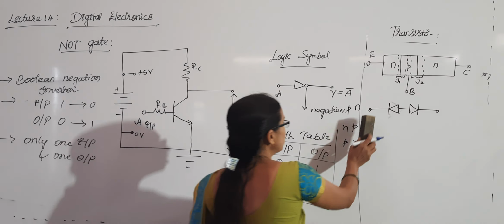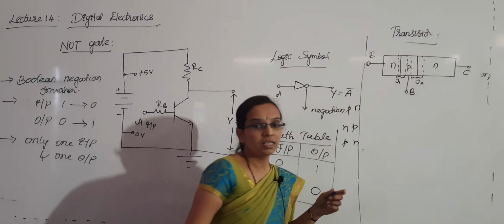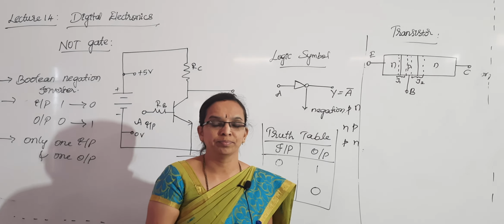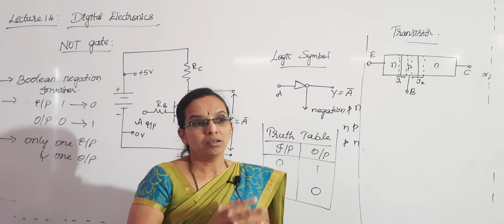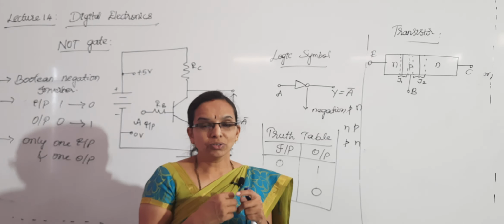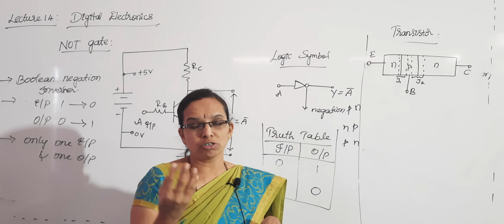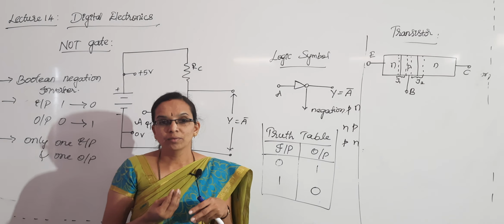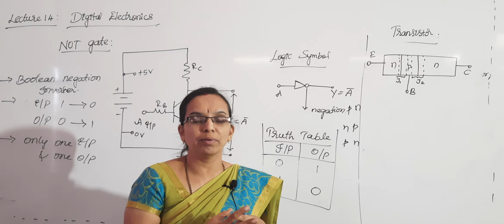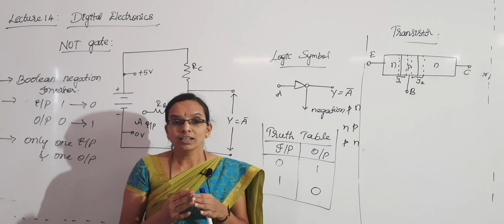The main application of the transistor, I have told you, is amplification, which means increasing the strength of the signal. If I am speaking in a mic so that it is heard in the loudspeaker, between the mic and the loudspeaker there is a device, that is the amplifier.